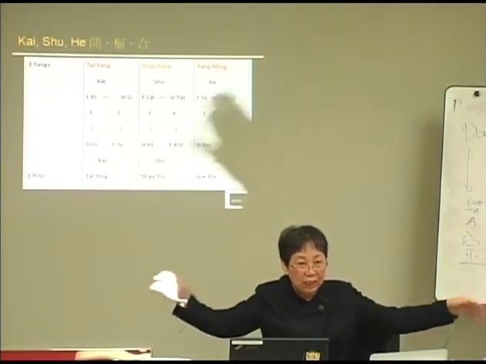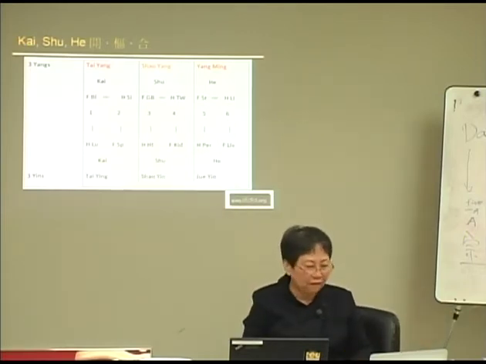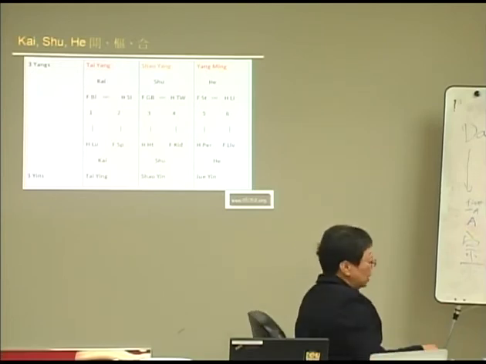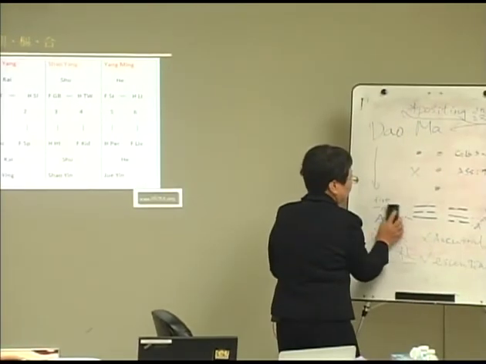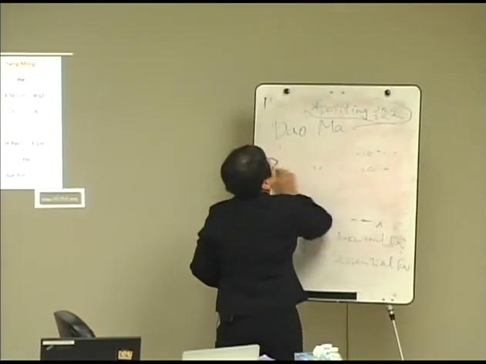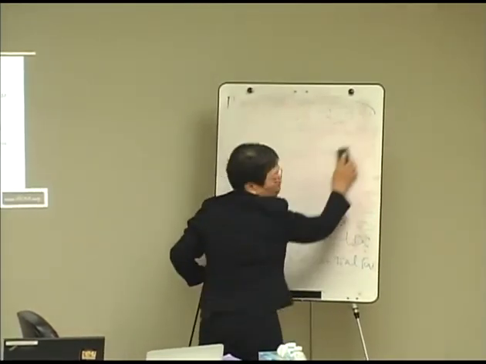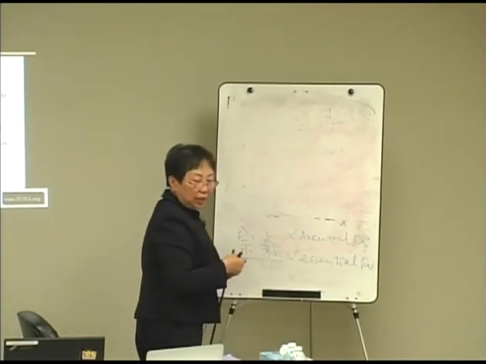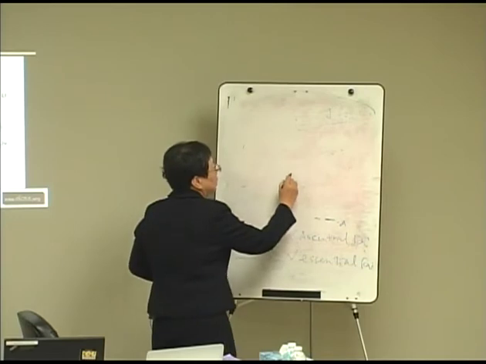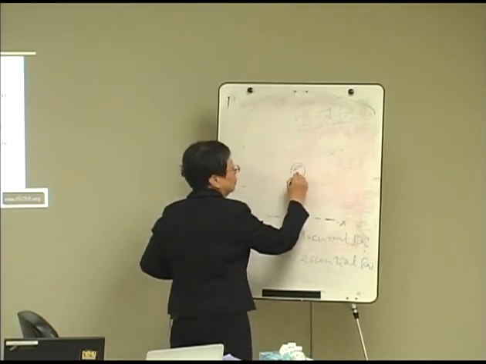So if we see the classic five elements, the center, we have to see it in a 3D image. The center is earth.